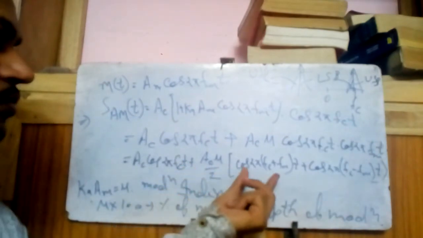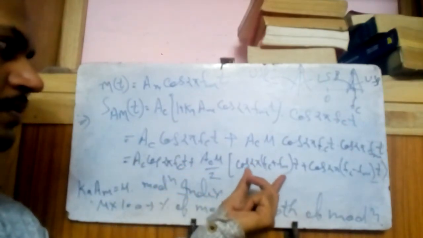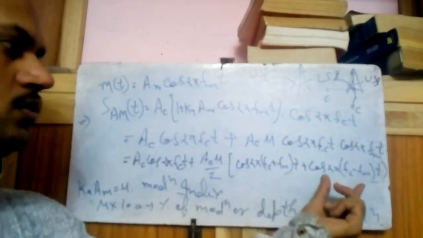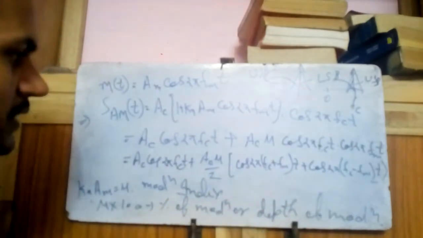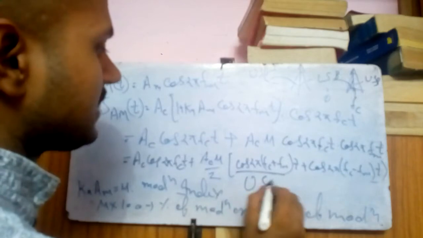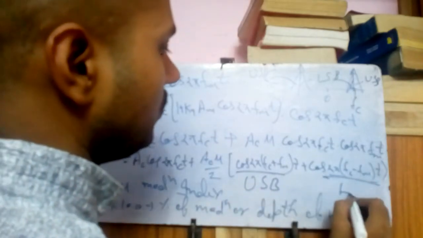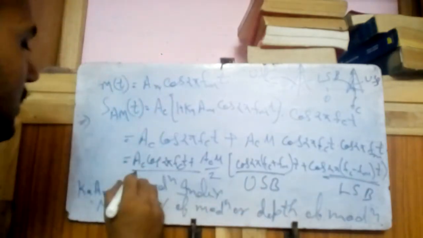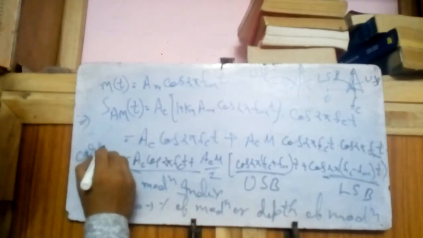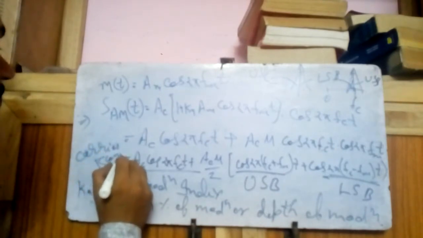So Ac mu by 2 with cos 2π(fc+fm)t, and Ac mu by 2 with cos 2π(fc-fm)t. This one is called the upper sideband, this is called the lower sideband, and this is the carrier component, right?